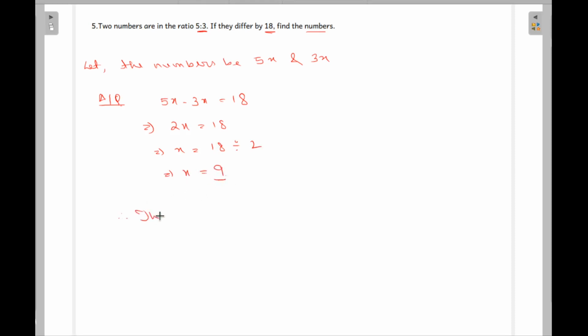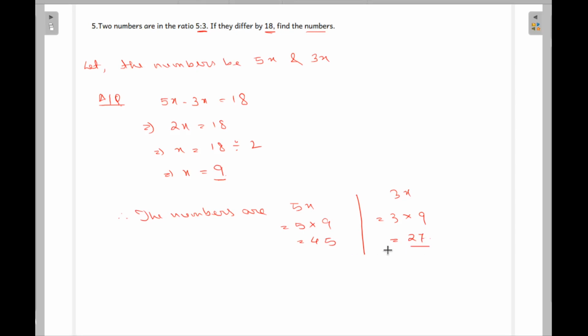Therefore, the numbers are 5x, that means 5 multiplied by 9 equals 45, and 3x, that means 3 multiplied by 9 equals 27. So the numbers are 45 and 27.